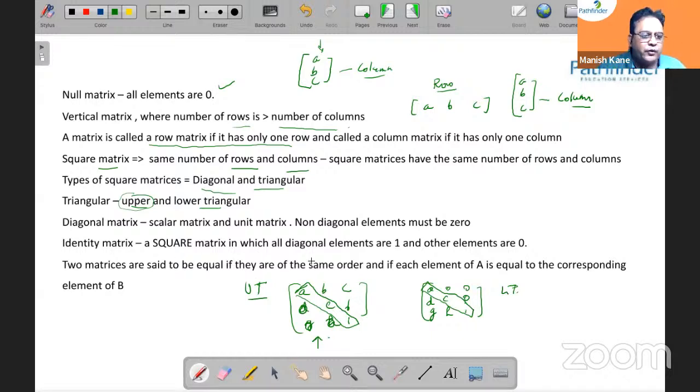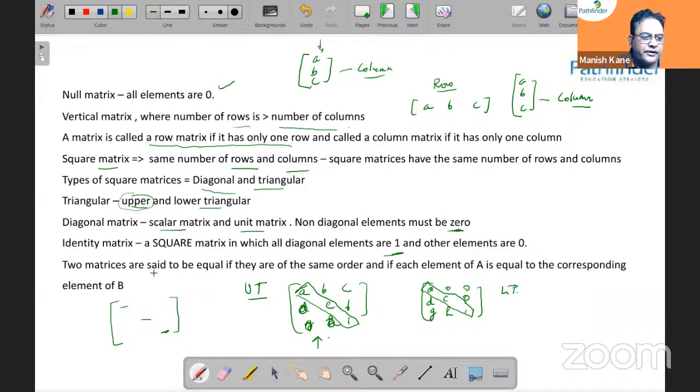Identity matrix: a square matrix in which all diagonal elements are 1 is an identity matrix. A diagonal matrix can be scalar or unit. In a scalar matrix, the diagonal elements have the same value. In a unit matrix, the diagonal elements have the same value equal to 1. All the non-diagonal elements in a diagonal matrix must be 0.